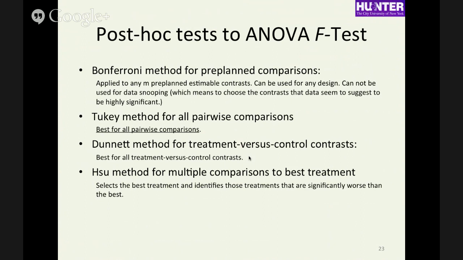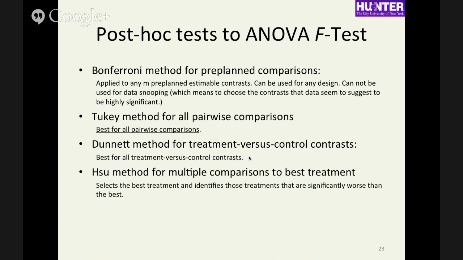Do you remember the multiple testing problem I showed you earlier? If you were doing 3 comparisons, the problem was that your chances of having at least one type 1 error, even with alpha equals 0.05, becomes greater than 0.05. And these methods will help you solve that problem. What they will do is alter your p-values.